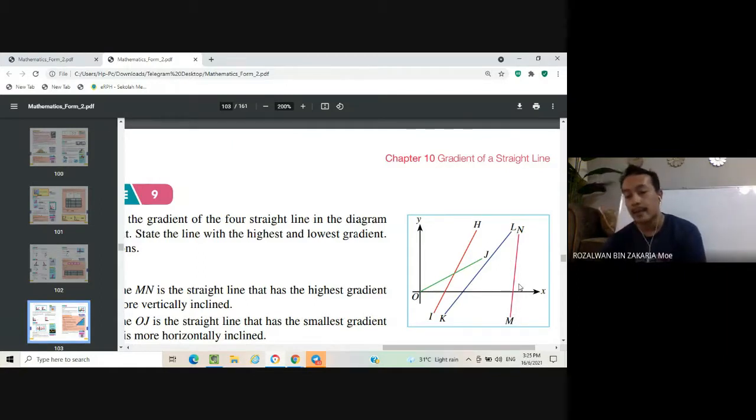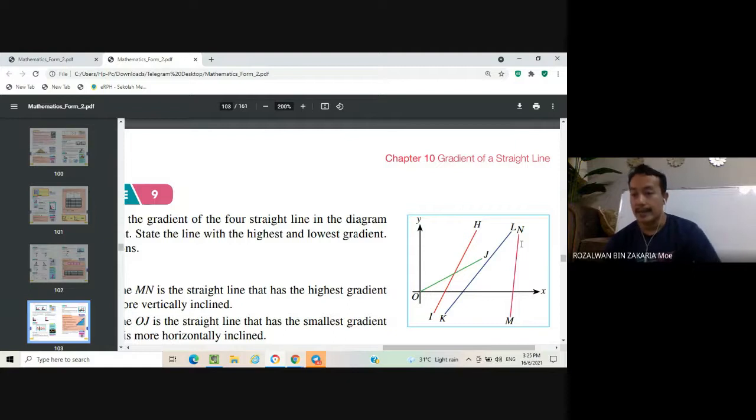Line MN has the highest gradient because it is nearer to the y-axis, more approaching the y-axis. And also, if we calculate the angle starting from the x-axis to this line, this angle is bigger compared to any angle of the other lines.